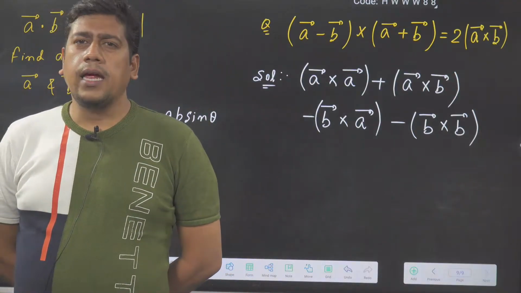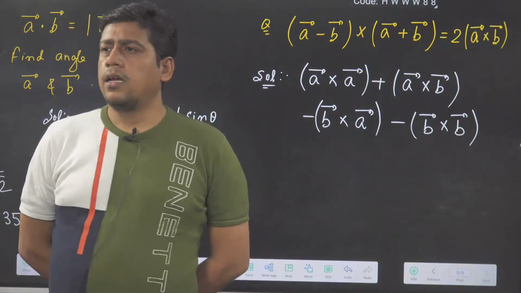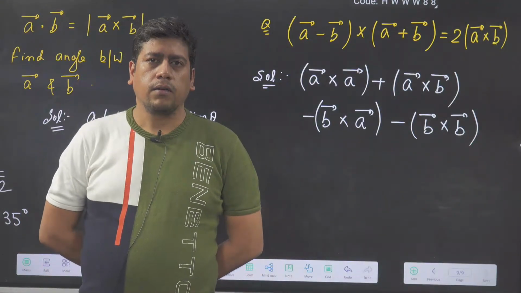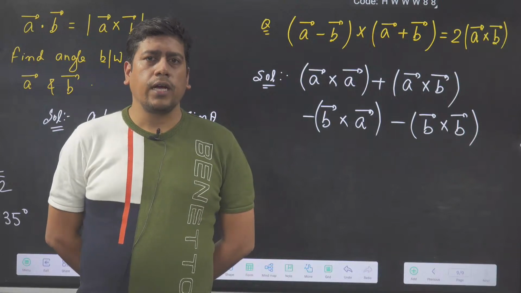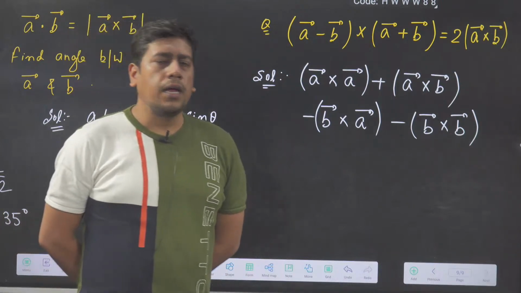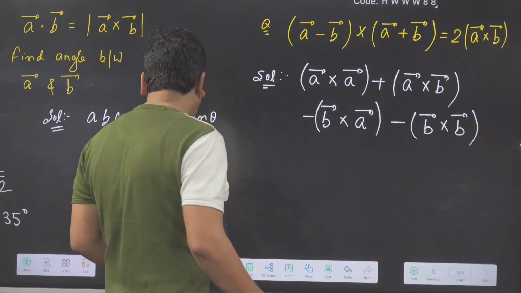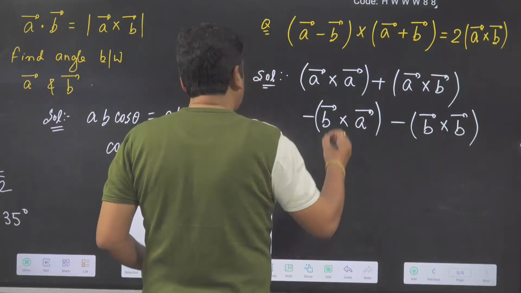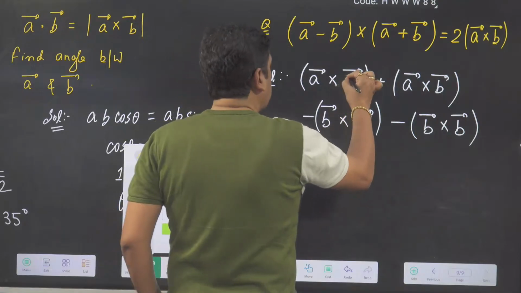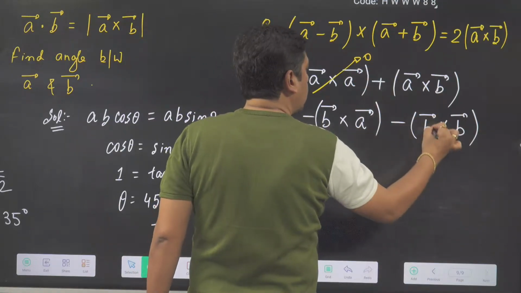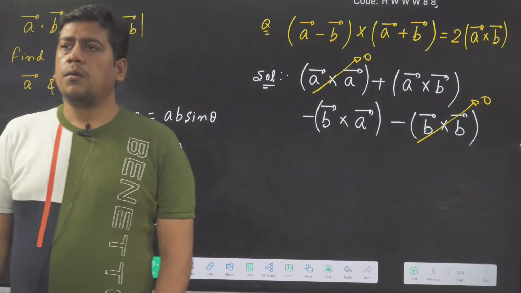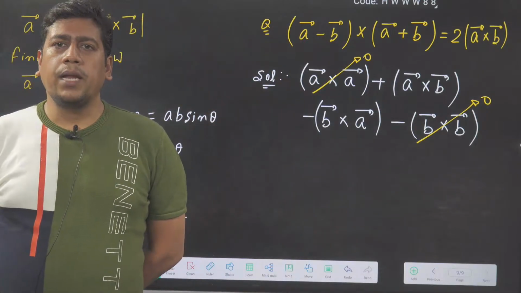Then what will happen? A vector cross product with A vector means both are parallel, right? If you take cross product of a vector with itself, it will become 0 because both are parallel. So that's why this one will be 0, this one will be 0. Both will be 0. So what will be left?